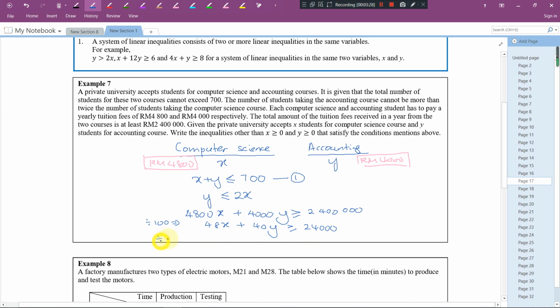How about I divide the whole inequality by 8? 6X plus 5Y is greater than or equal to 3,000. Okay, so this is the second inequality, and this is the third inequality. Okay, so this is a way how we form a few inequality from a given situation. Okay, let's proceed to the next example.